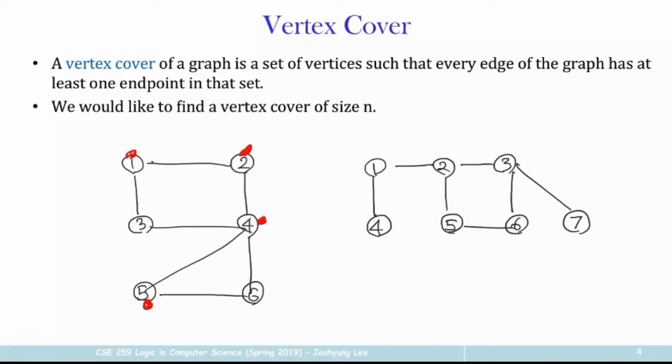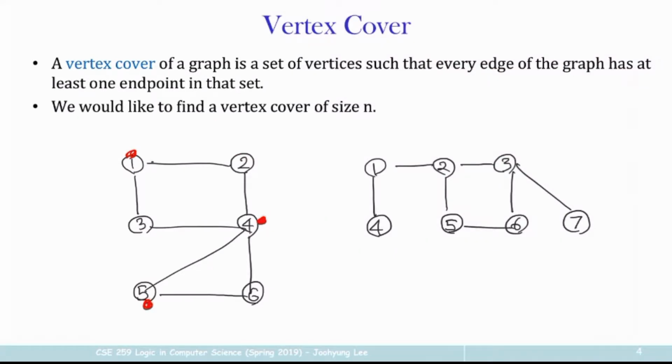So we found 4. That means it could be up to 4, but maybe there's a chance that we can reduce this number, right? Can we try 3? Is it possible? So how do we choose? Let's say 1, 4, 5.